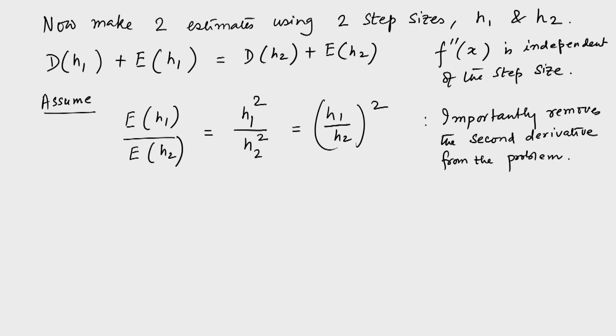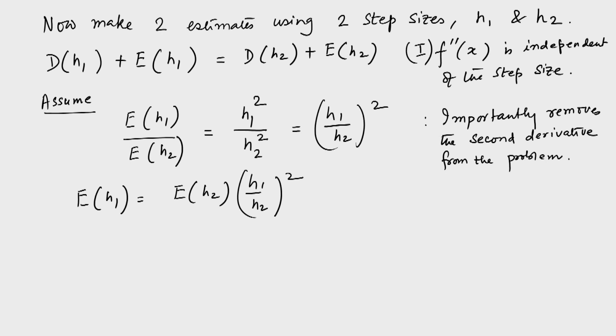Okay. So, in any case we have to see how it goes. So, we have E h1 is equal to E h2 times h1 by h2 whole square. So, we are going to reduce it to one variable, that is E of h2. If we write it in this expression, let us call this 1 here; we need to distinguish it from the one that we have written earlier, so we write it in Roman 1 and 2.